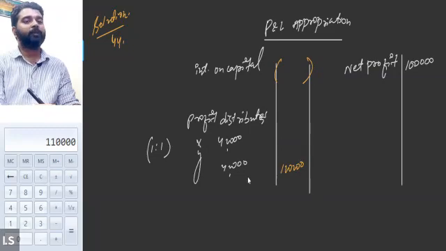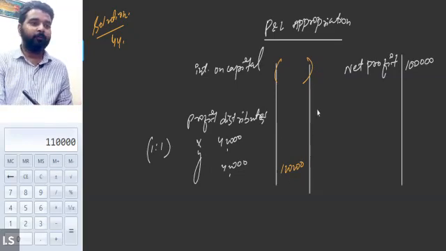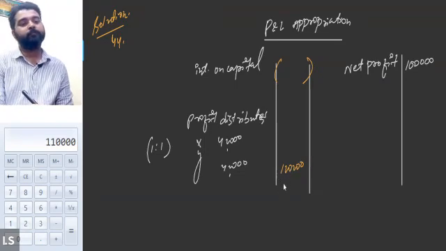Yes, sir. If interest on capital had been subtracted, instead of 1 lakh, we would have got the divisible profit as only 80,000. But because we did not subtract the interest on capital from the profit, how much extra profit are we getting?